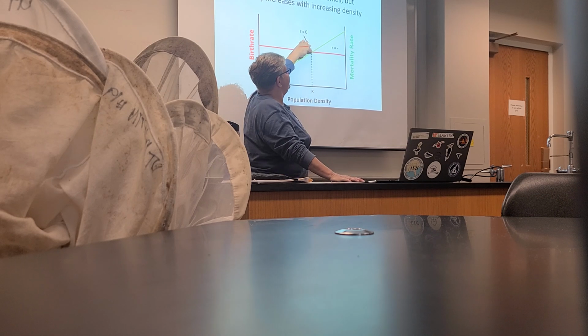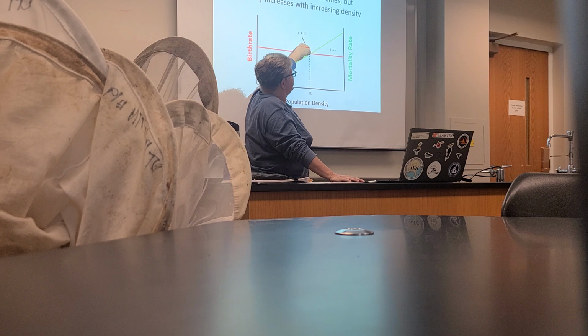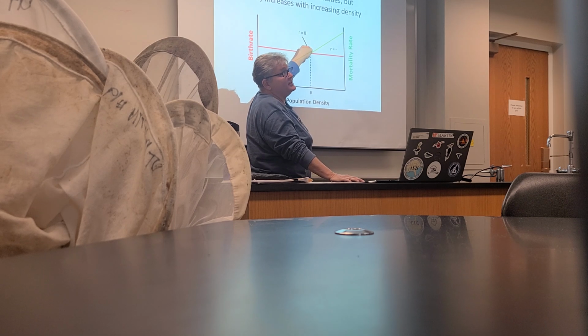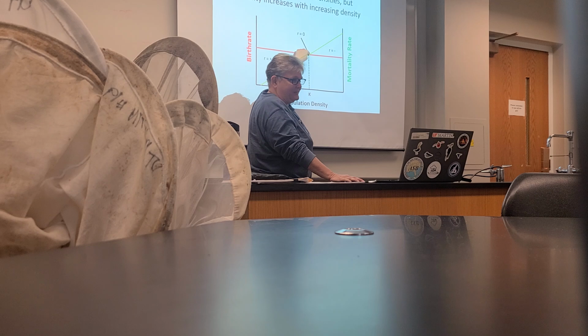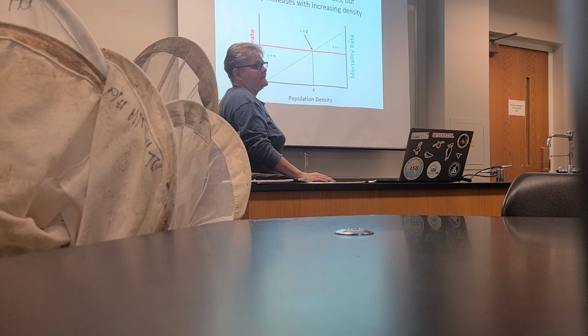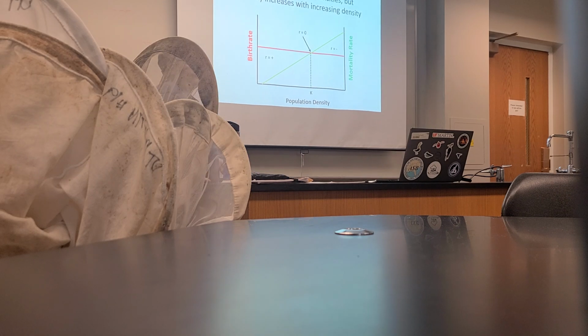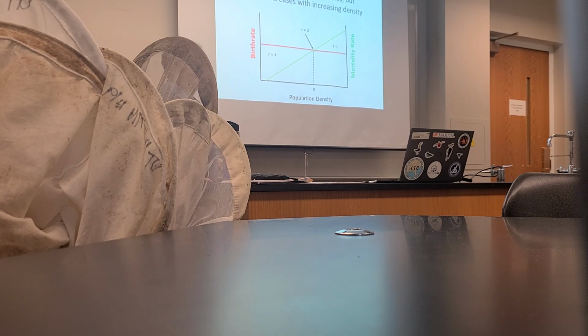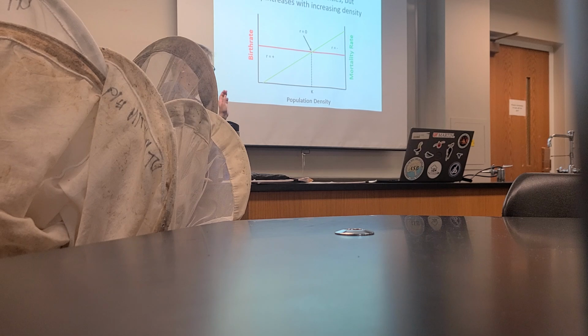At this point right here, where the mortality and the birth rate are balanced, that means B minus D is 0. That means R is 0, right? So at carrying capacity, just at this one point, our birth rate and death rate are balanced, and our growth rate then is 0. Doesn't mean we don't have births and deaths, it's just that they're balanced.